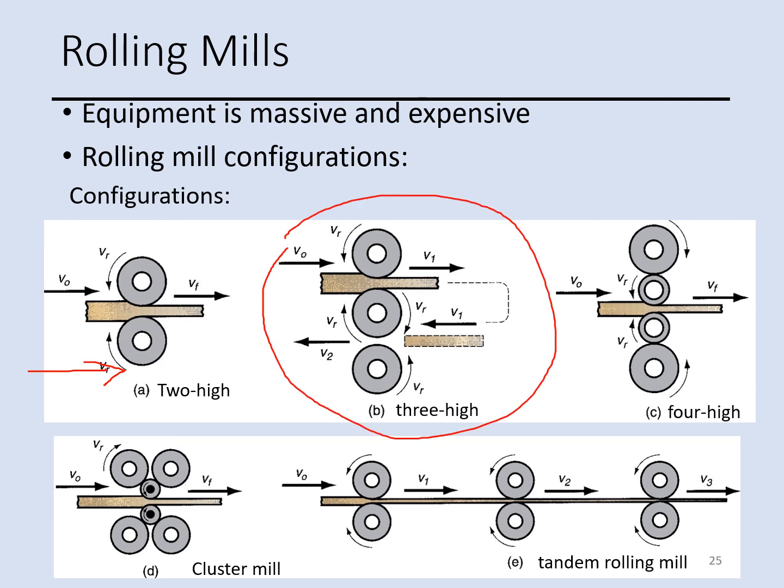We have three rolls. The workpiece goes this way first, and then it comes back as a raw material for this part. Or we have four high, or here we have a cluster mill, or this is a tandem rolling process. So continuously the thickness of the part is reduced.